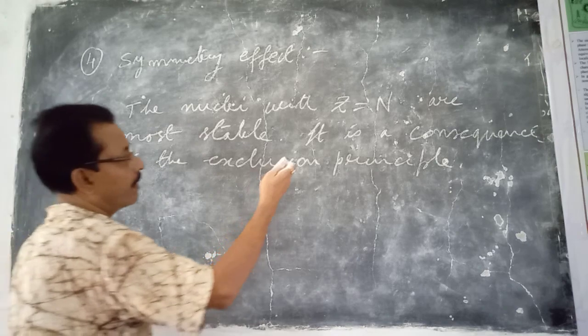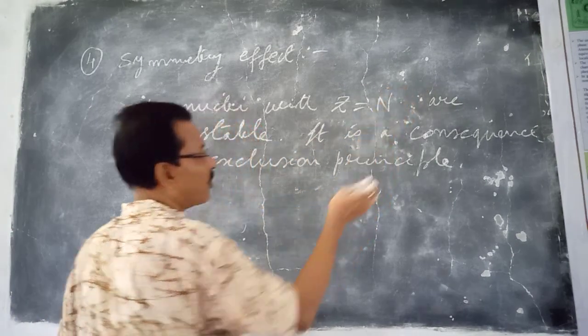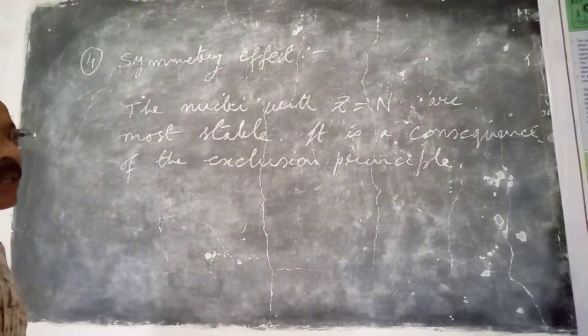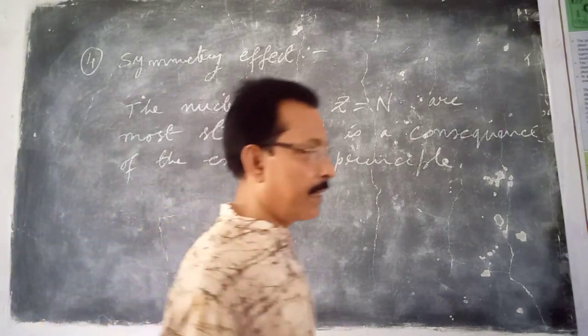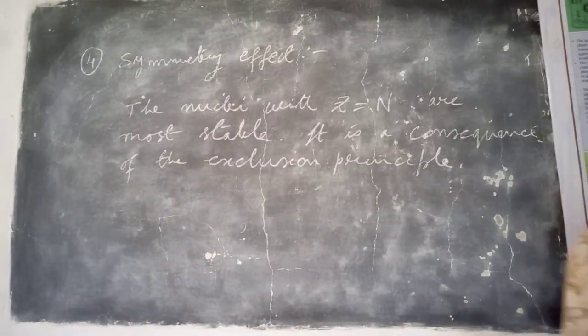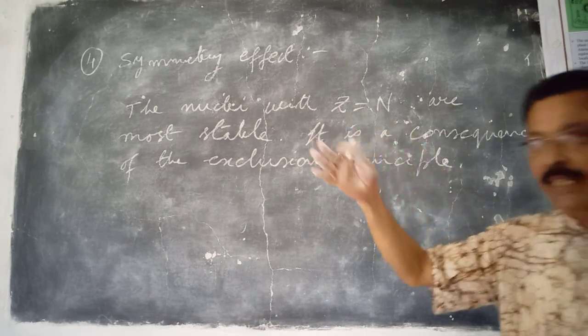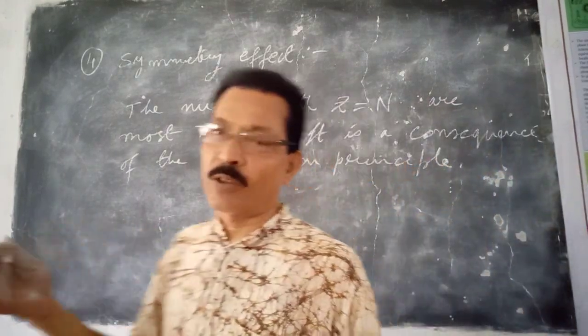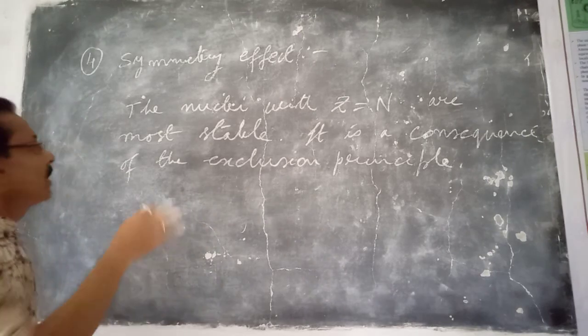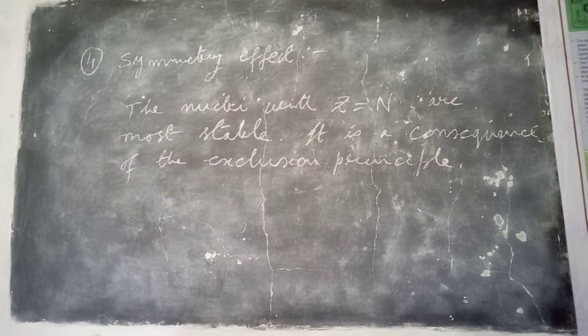As the number of neutrons increases, in the case of heavier nuclei, say uranium and transuranium elements, N is much larger than Z, so they deviate from the stability line. So instability is there. Therefore, nuclei with the same number of protons and neutrons are the most stable, and it is a consequence of Pauli's exclusion principle.